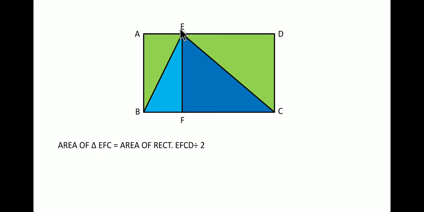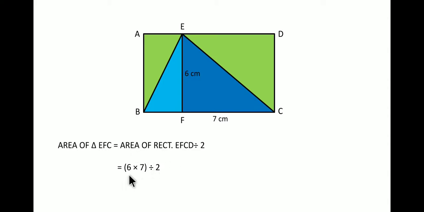Now let's say that this length from here to here is equal to 7 centimeter, and this one we have already used as 6 centimeter. So the area of this triangle will be equal to 6 into 7 divided by 2, that is, the area of the rectangle divided by 2.